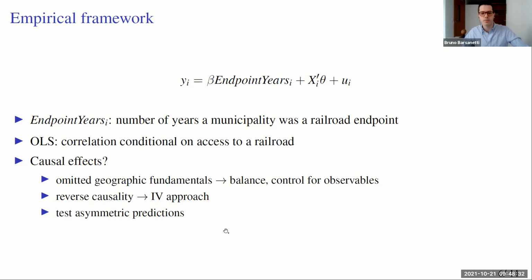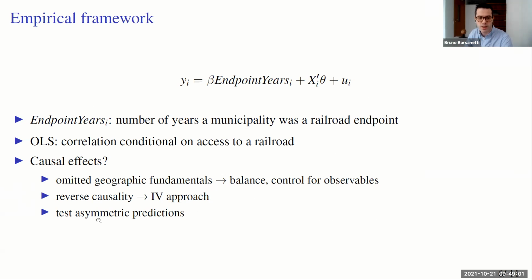What I show in the paper is that first, it doesn't seem to be the case that towns that were endpoints for longer are different in a variety of geographic fundamentals than towns that were endpoints for less time. And so there seems to be some balance. And if we control for a very large set of observables, we barely change the results. So this does not seem to be the story.